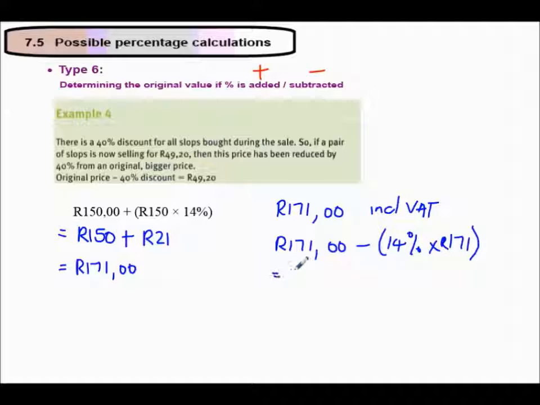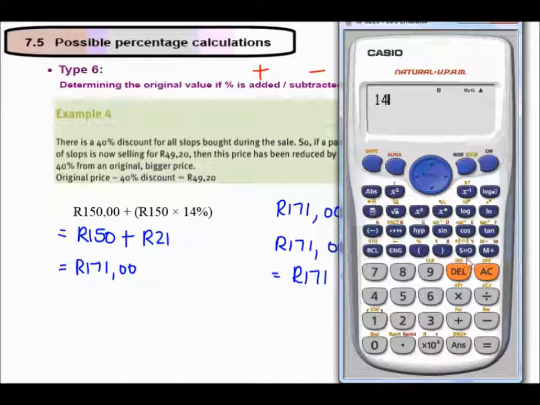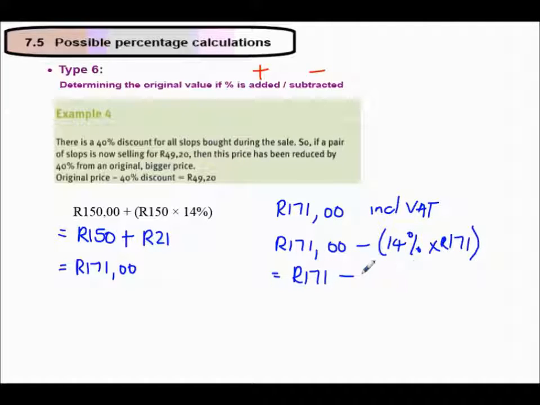Right, so let's see what happens. 171 minus 14%, so 14 over 100 multiplied by 171 equals 23 Rand 94. 23 Rand and 94 cents.